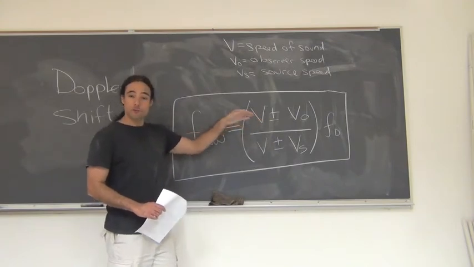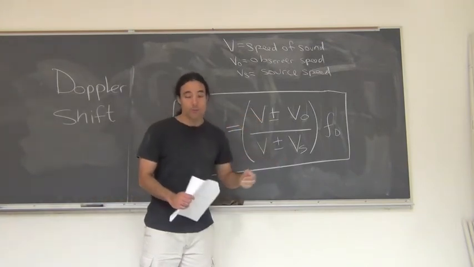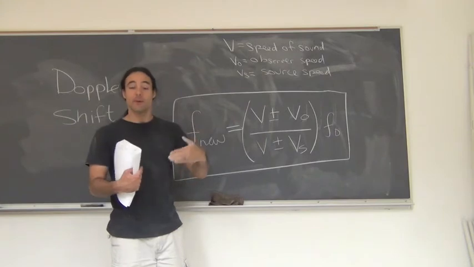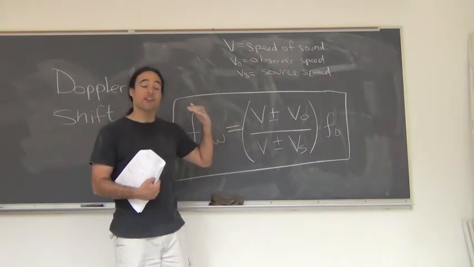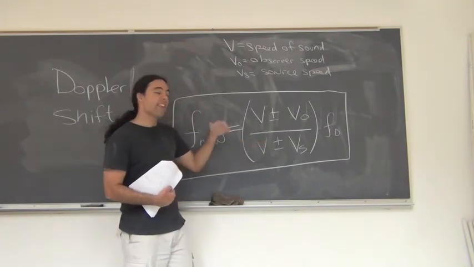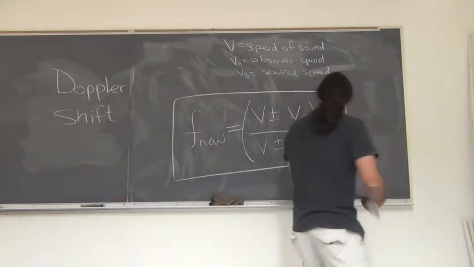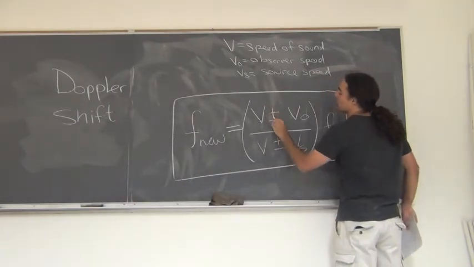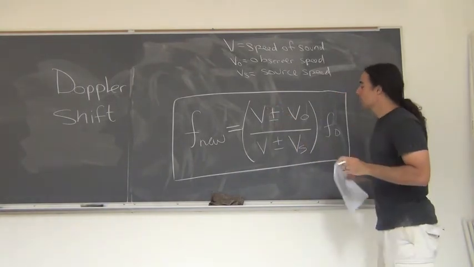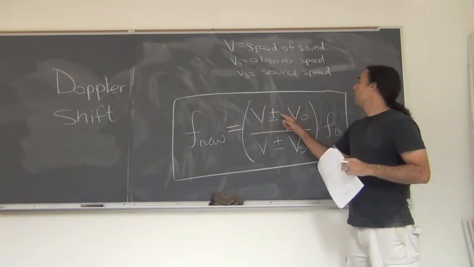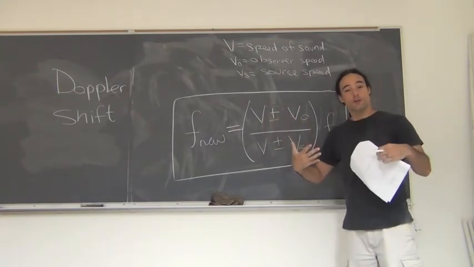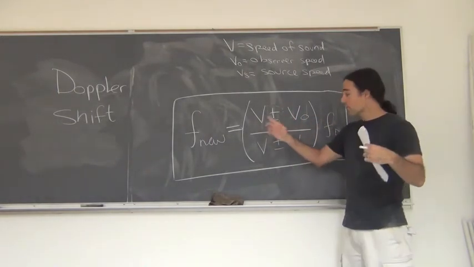If my observer is moving towards the sound, I expect my observer to hear the peaks in the sound more frequently. Therefore, if he's moving towards the sound, we'd expect he would get a plus sign here. Because we want a larger frequency, he's going to hear the sounds more frequently.